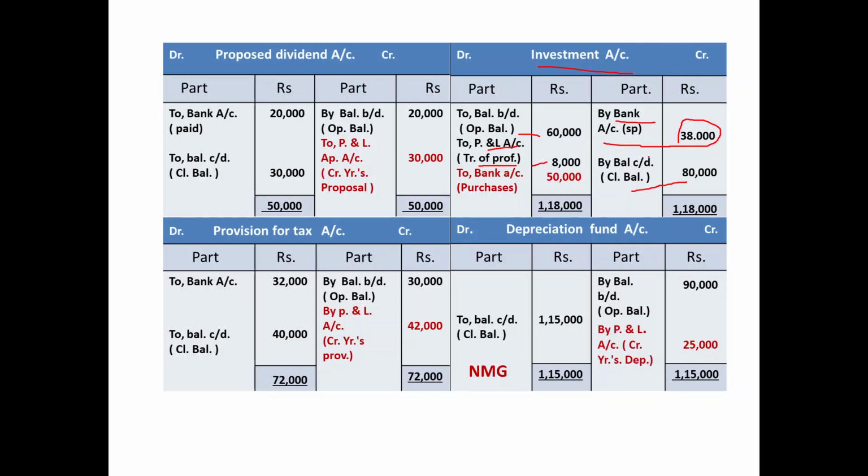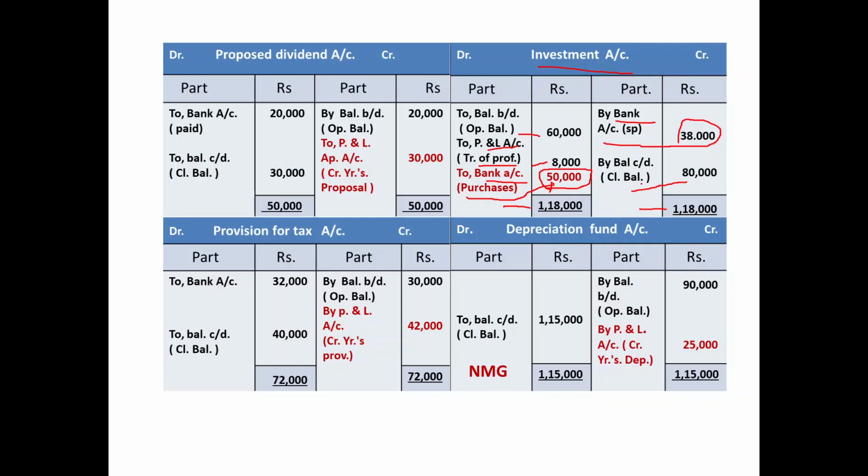Let us close the account. Credit side looks bigger. Total of credit side 1,18,000. Put it on the debit side 1,18,000. That gives a balancing figure of rupees 50,000 on the debit side. What it could be? Common accounting sense, it must be the purchases made during the current year. Journal entry, investment account debited to bank account credited 50,000, purchases.